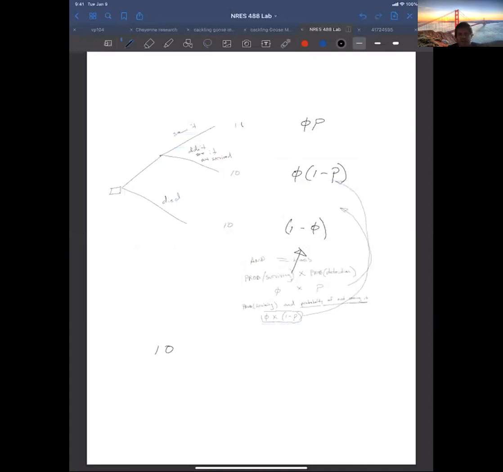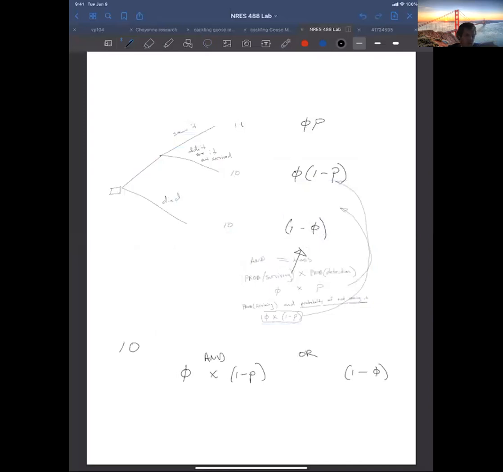So this is where we're going to talk about the "or". If the data look like this, we have a 1 and a 0, there are two things that could have happened. It could have survived and we didn't see it, so we multiply, or it could have just died.